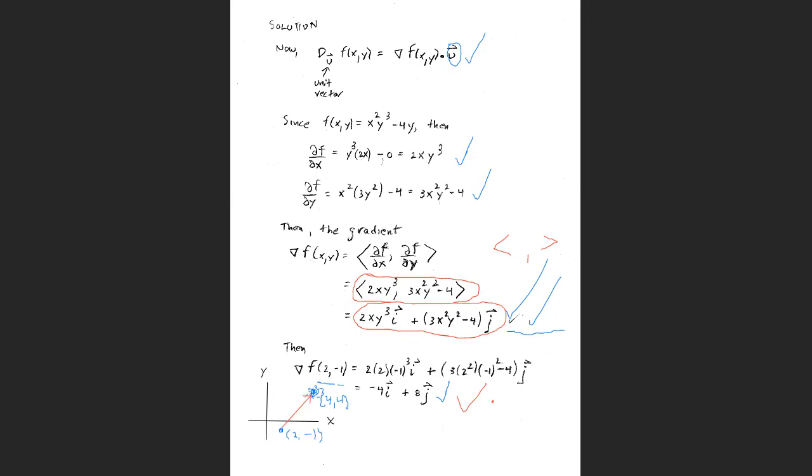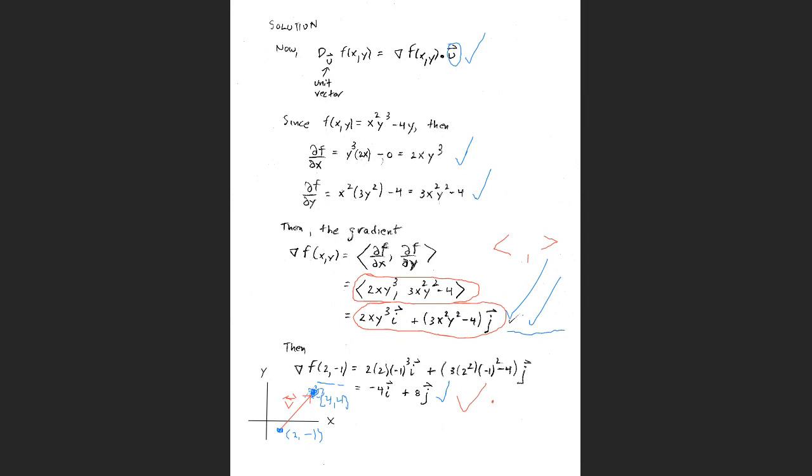So I could call that vector V. How would I find that vector? What do I do with the points? How do I find vector V?